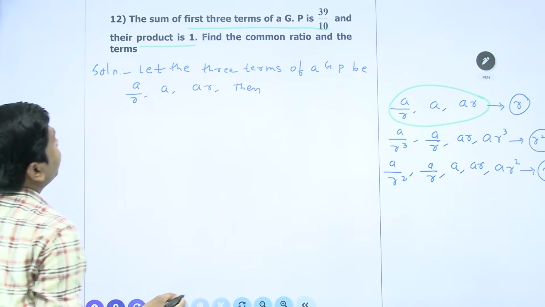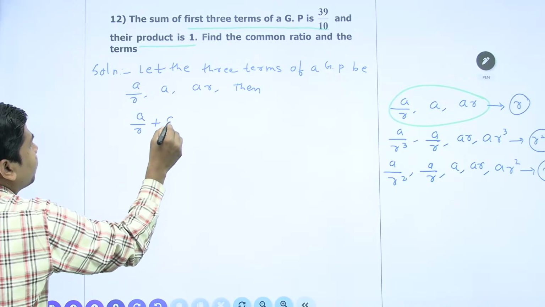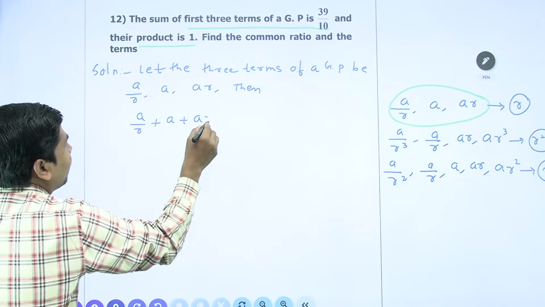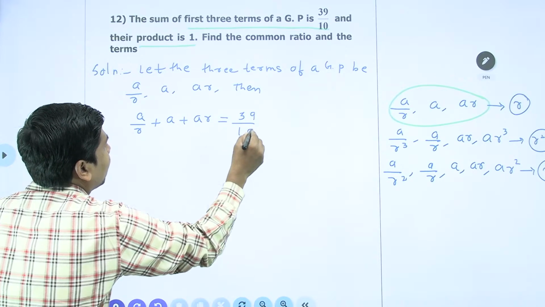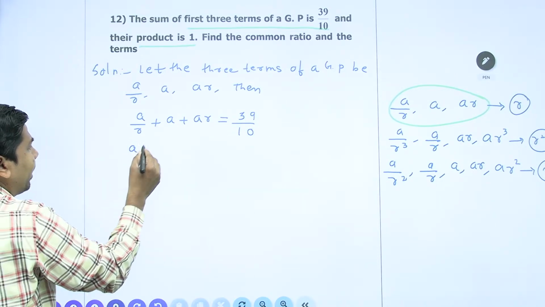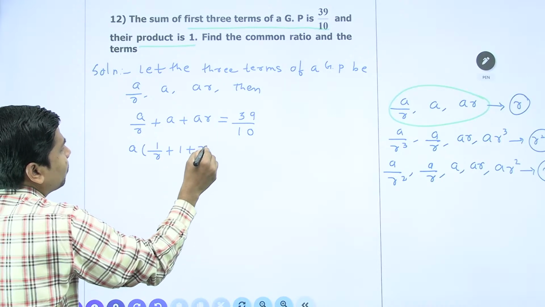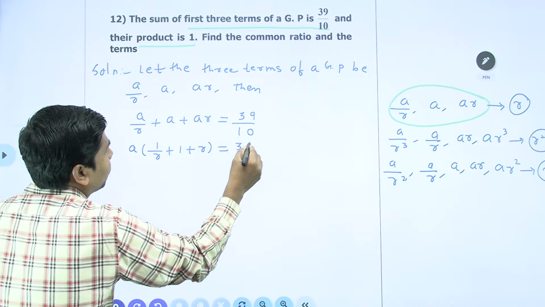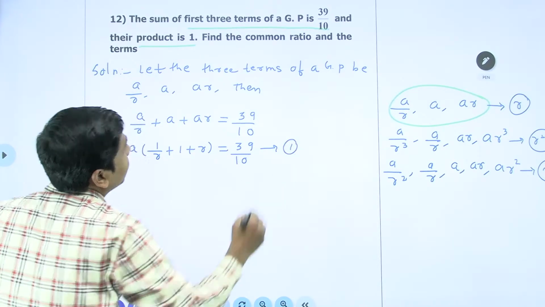Then the sum is A by R plus A plus AR equal to 39 by 10. If we take A as common, 1 by R plus 1 plus R equal to 39 by 10. Let us call it equation 1.